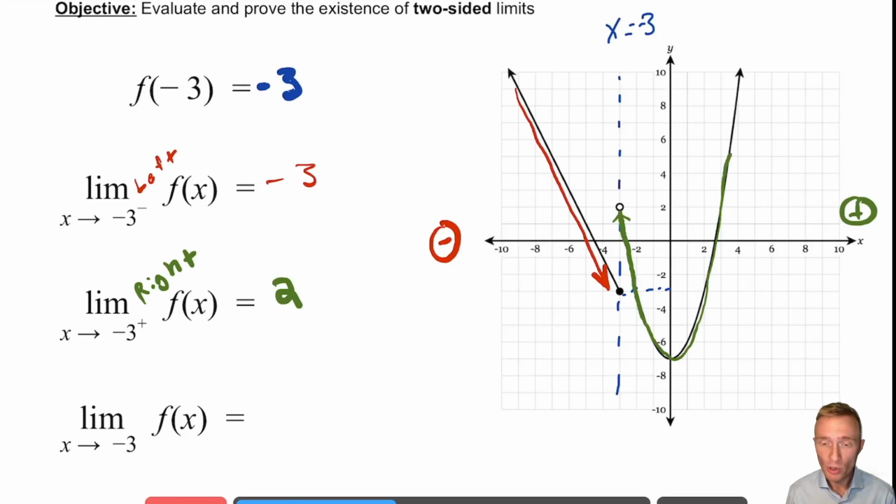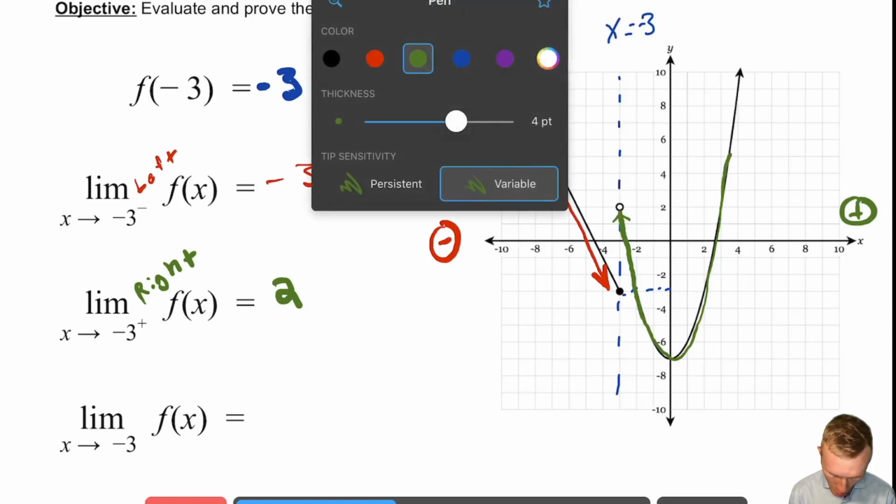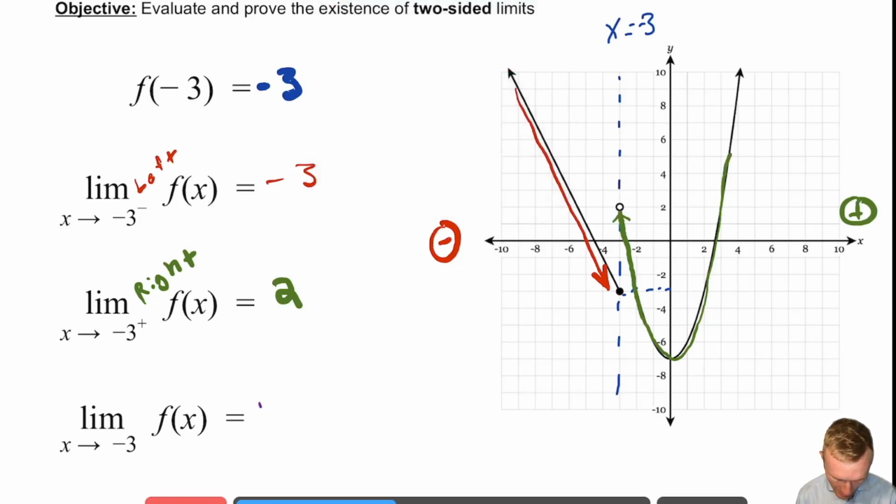What you're looking for here is, are the left-hand and right-hand limits the same? In this case, they're not. From the left, y is getting closer to -3. From the right, y is getting closer to 2. We would say that this limit does not exist, DNE, because that is the definition of a two-sided limit.